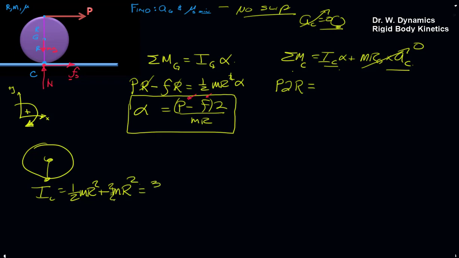So we're going to get 3/2 mr squared for that. So we have 3/2 mr squared alpha. This r goes, and we'll get an alpha of 4P over 3mr.